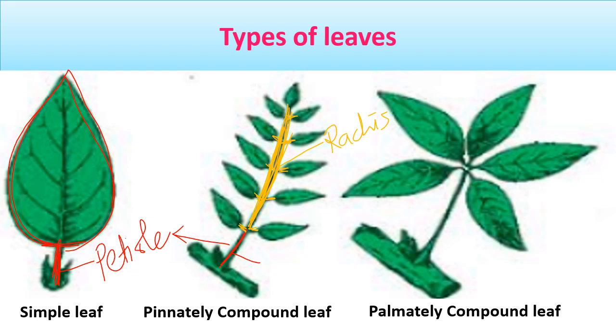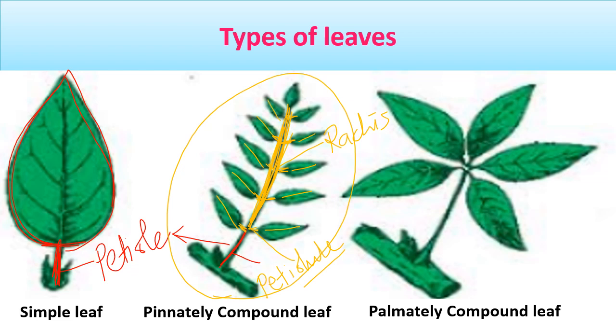These stalks are actually called petiolules. This entire structure is one leaf, but as it is there with different leaflets, this is called a pinnately compound leaf.